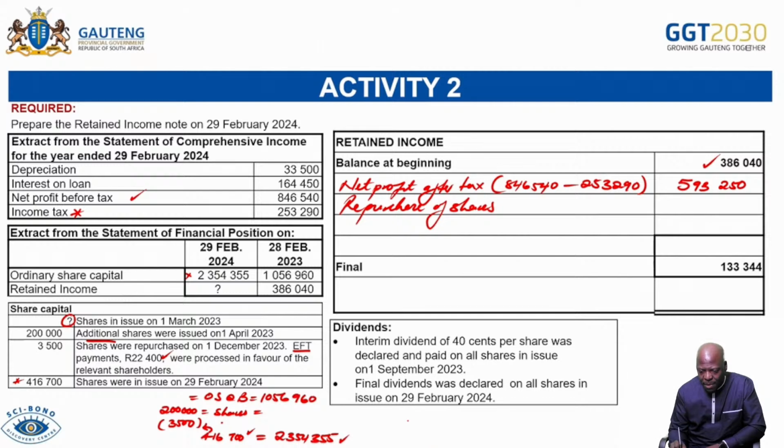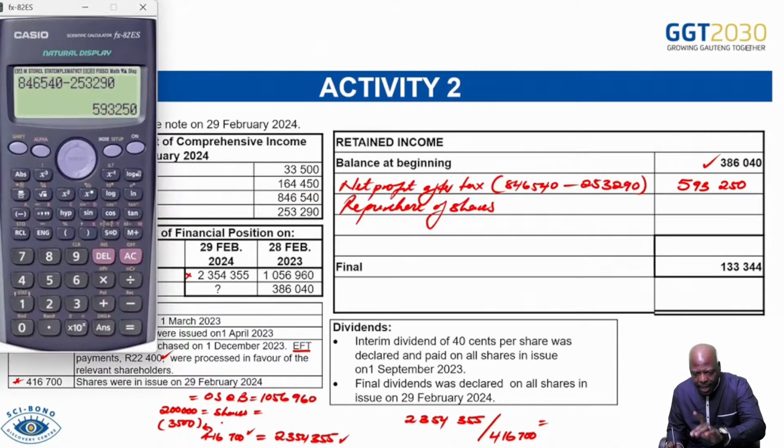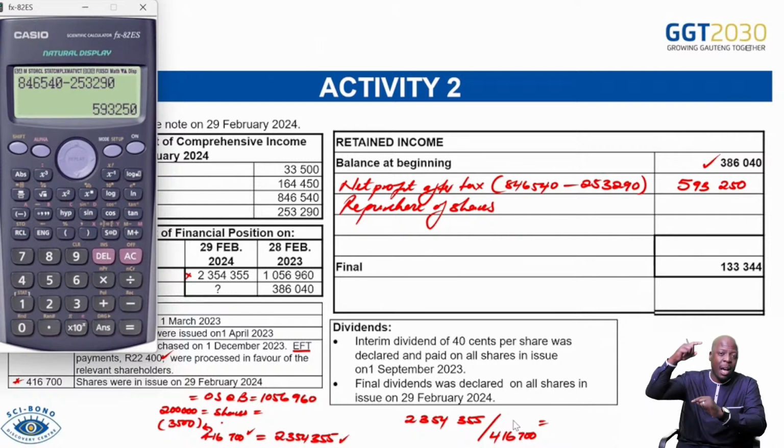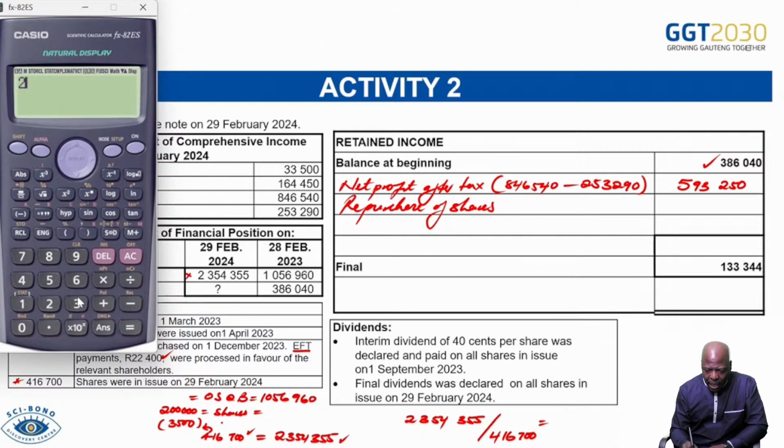So if I take the 2,354,355 and divide that amount by the 416,700, which is my shares at the end, I can get the average price that we had at the end, which therefore means the same average price that was used to buy back shares.